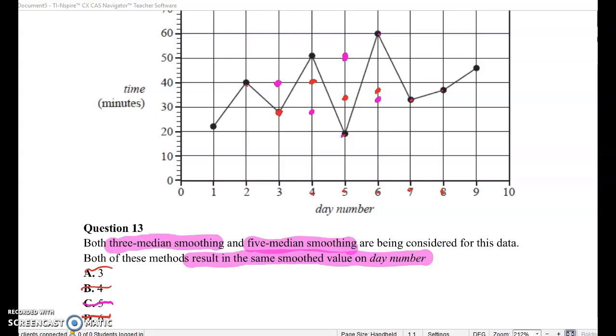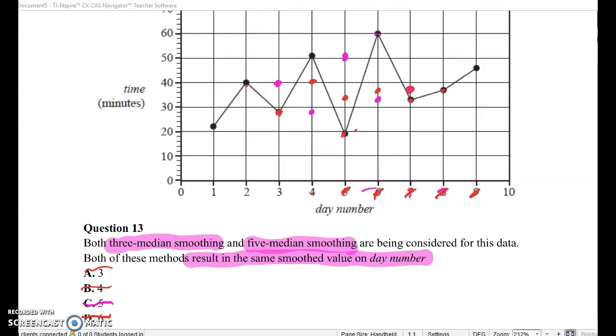So day 7, 3 median smoothed, we'd have our third bit of data, 1, 2, 3. So here, with our 5, we've got data coming from day 5, 6, 7, 8, and 9. So we're looking for our third bit of data. So that's 1, 2, 3. Oh, look at that.